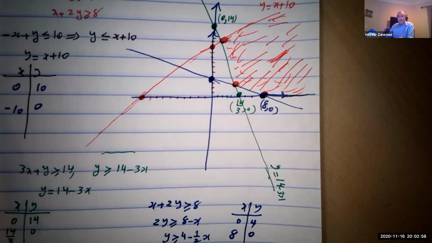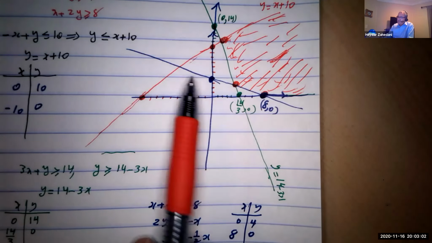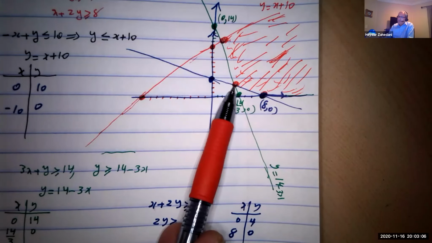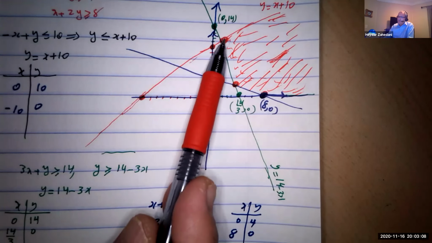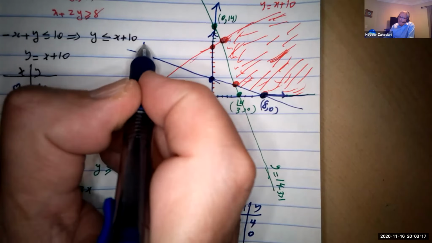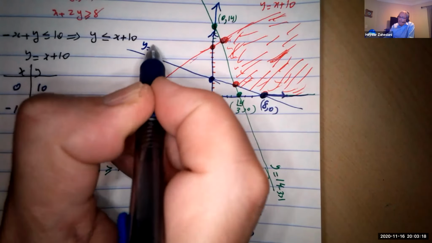So we have an extra job. The extra job is you have to intersect the blue and the green one to find this one, and the green and the red one to find these points. So identify all the lines, and the blue one is y equal to 4 minus 1/2 of x.